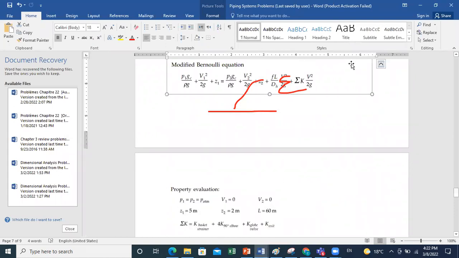First, we use the modified Bernoulli equation to take into consideration all sources of losses. As I told you, you don't have to worry about G sub C. In SI units and in English units, it's 1. Just if you use English engineering units, it's not 1, but in this course we deal with either English units or SI units, so you can directly substitute G sub C by 1.